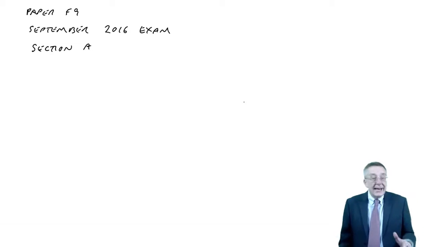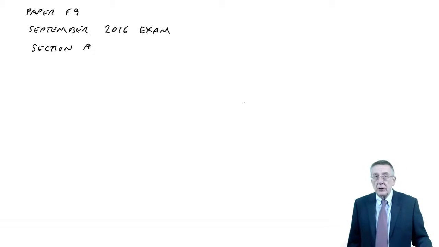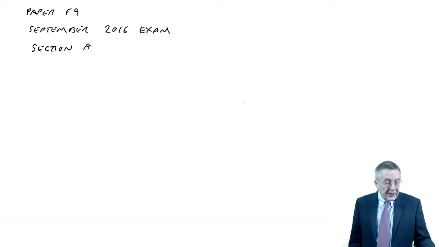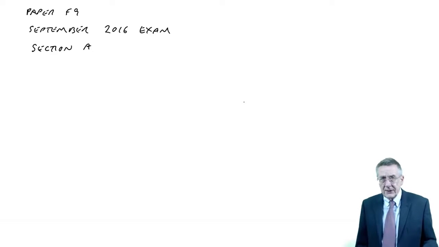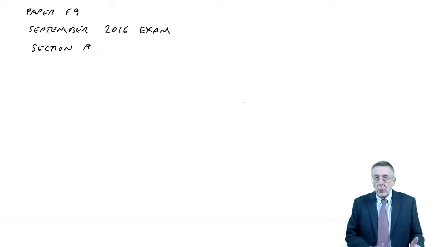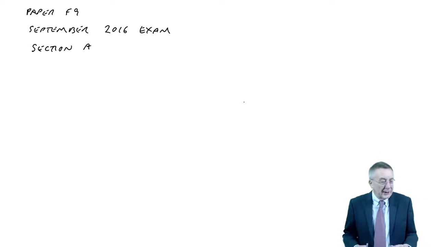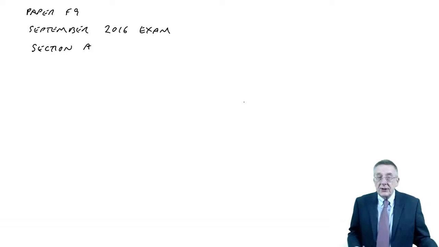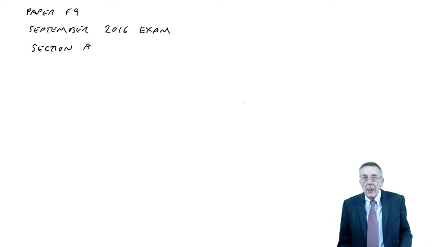You can always come back later if you find you've spare time after sections B and C. The second point is when it comes to the end of the exam, you must make sure you've handed in 15 answers for Section A. There are 15 questions. You must hand in 15 answers. Now, almost certainly, there'll be some questions that you don't know the answer to, or that you calculate an answer and it's none of the choices, or you'll run out of time.